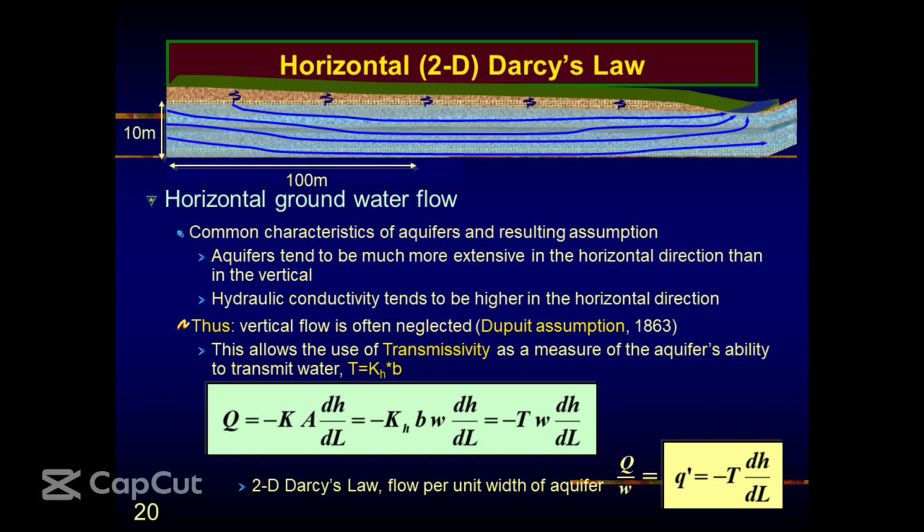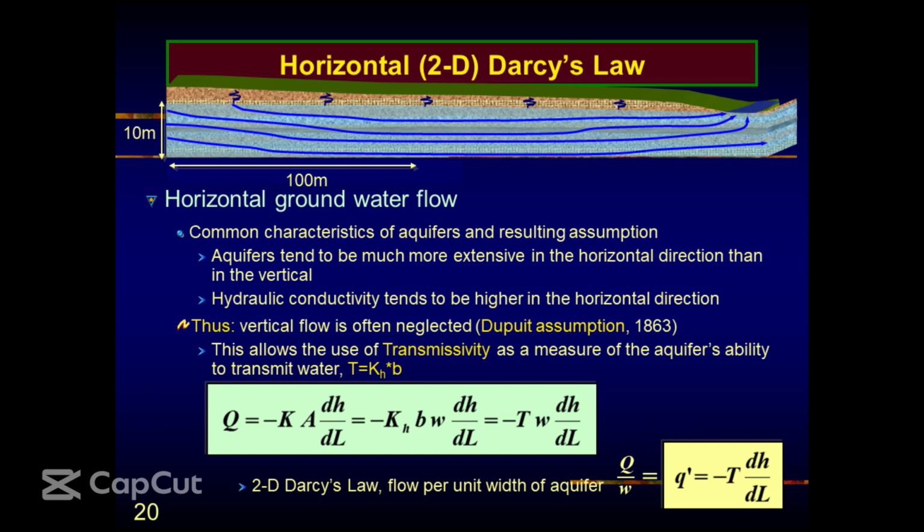And then this area is the area perpendicular to the flow path, isn't it? When we have a saturated or confined aquifer, the cross-sectional area will be given by the aquifer thickness times the width. That will give us the cross-sectional area.